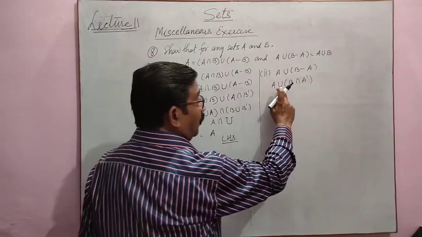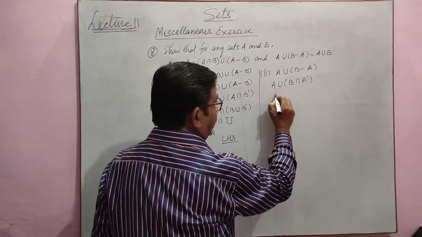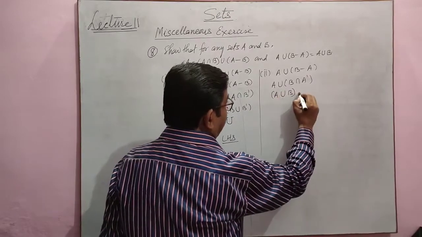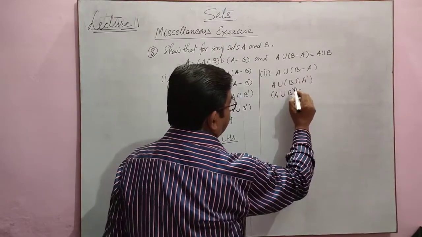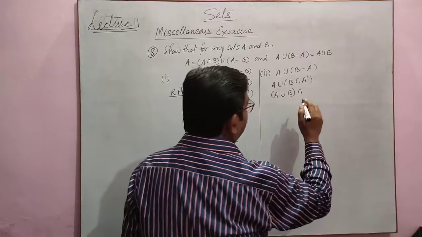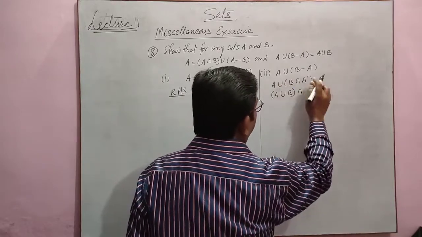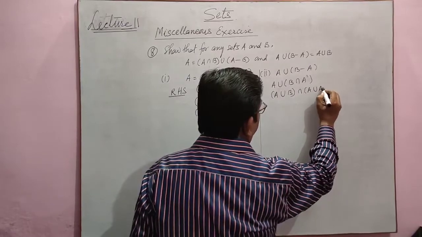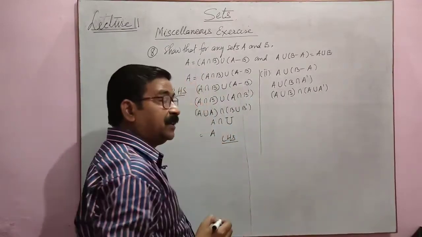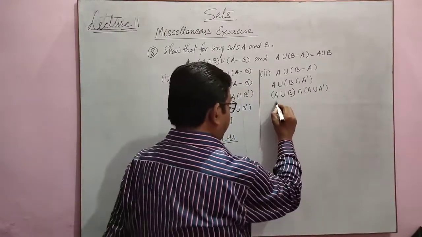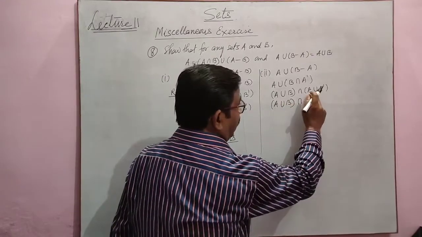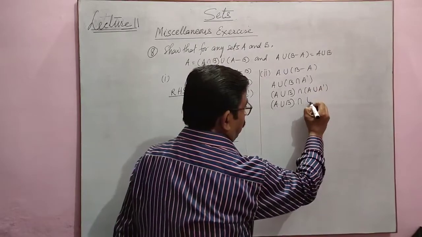So we have common sign here, A union B intersection A union A dash. A union A dash is what?